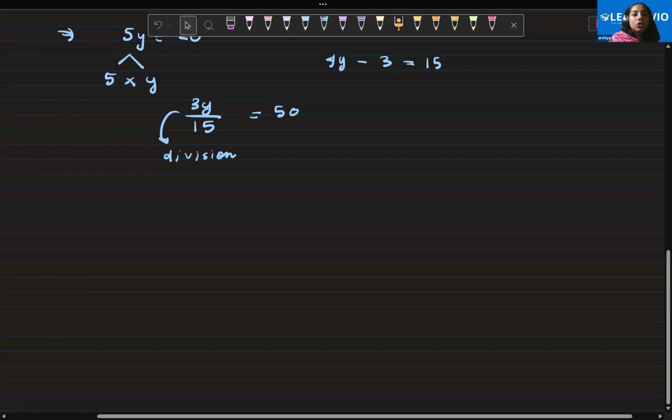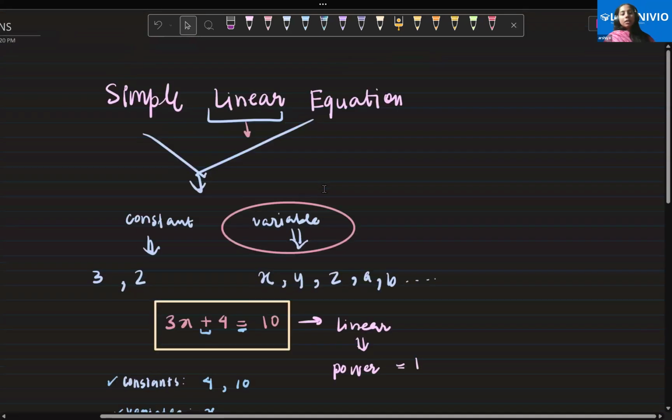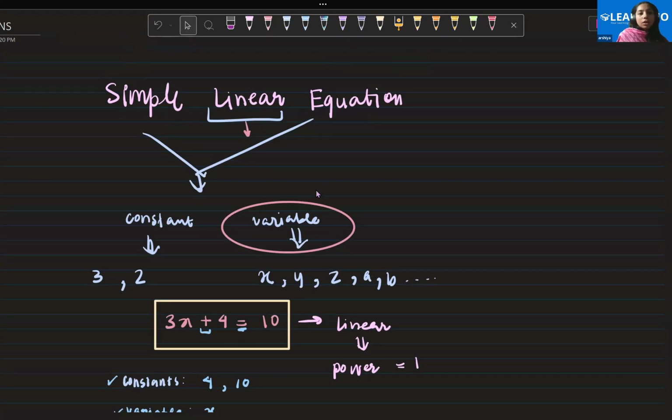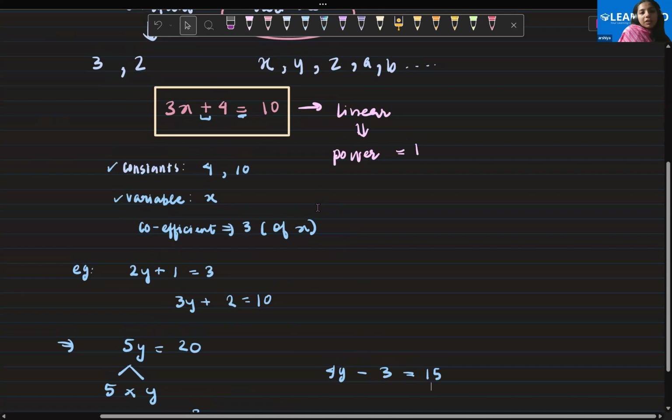In the previous class, we started with a little intro. I asked you to give me a few examples of simple equations. Now let's do some operations also. This is what we did in the last class: we started with the intro, then we went on with what are constants, what are variables.